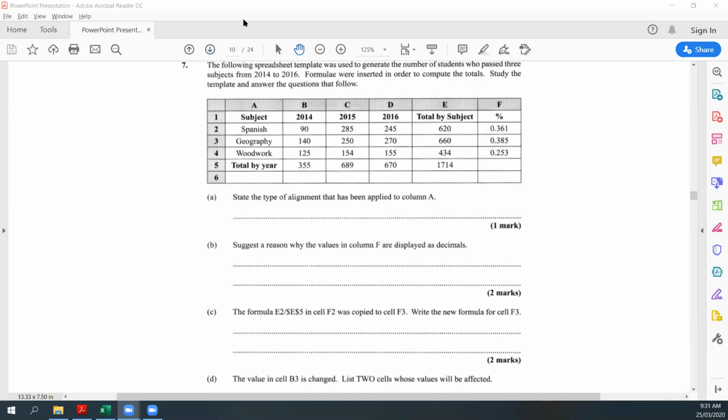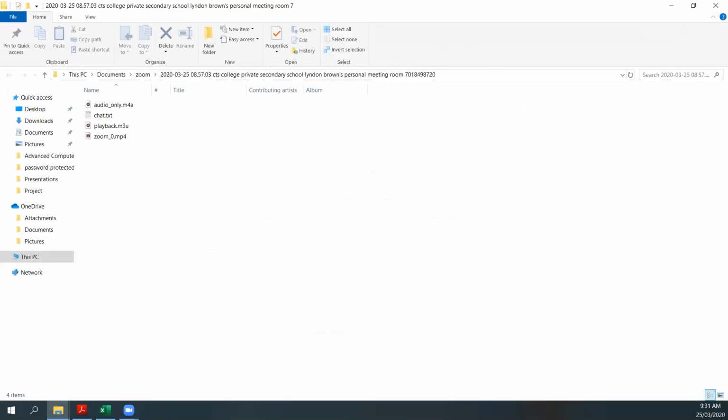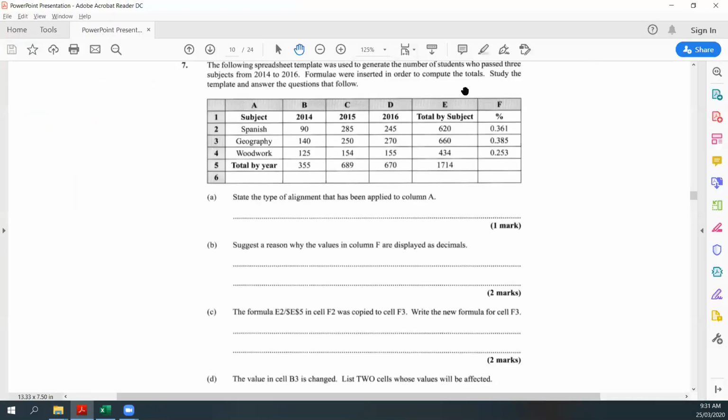Why is it displayed as decimals? Okay, so right.